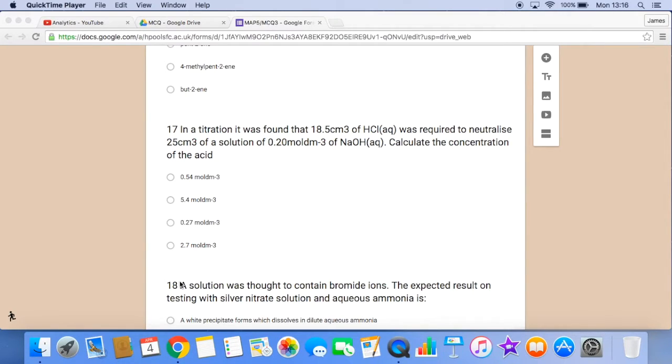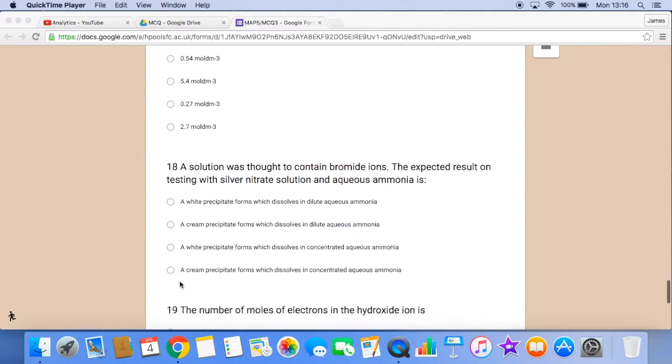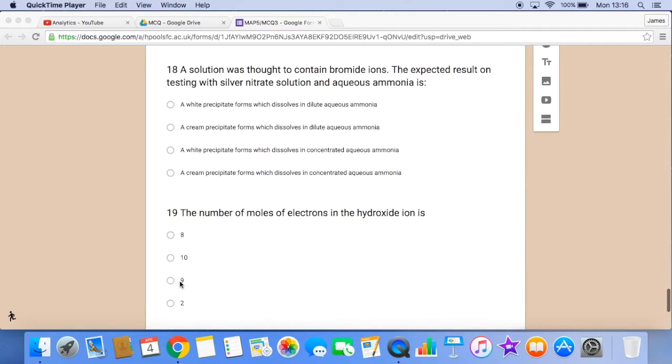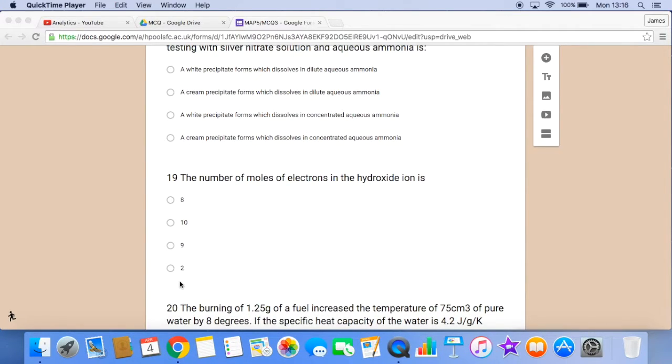What's the concentration of the acid? 18, a solution was thought to contain bromide ions. The expected result on testing with silver nitrate solution and then aqueous ammonia is. 19, the number of moles of electrons in the hydroxide ion.